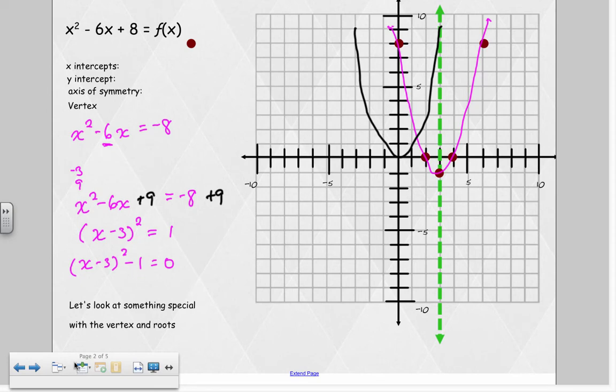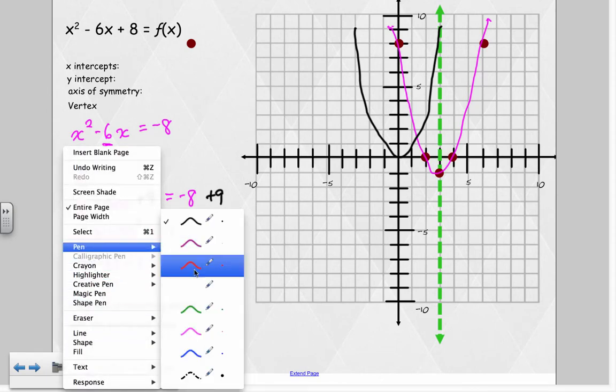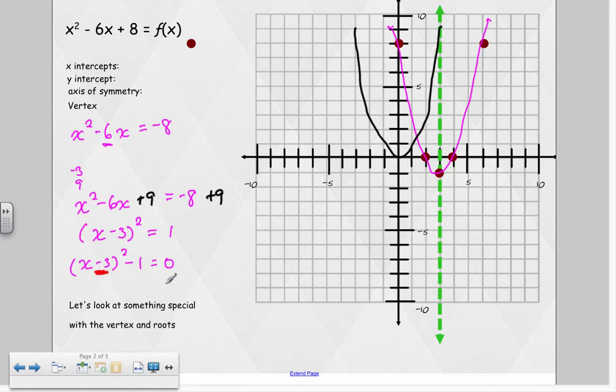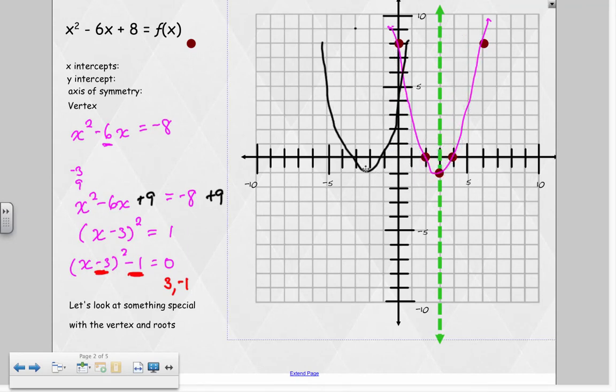So this baby has a vertex at 3, because we go in the horizontal direction, and then a vertical shift of -1, just like we said. 1, 2, 3, down 1. So what we could do is we could be graphing that way also. And you may be thinking, well, how do you graph that way? Well, let's do another one, but let's do it completing the square.